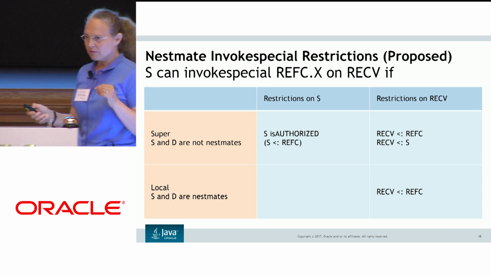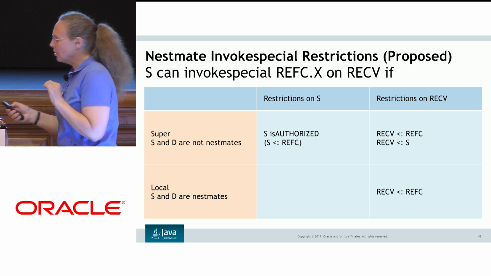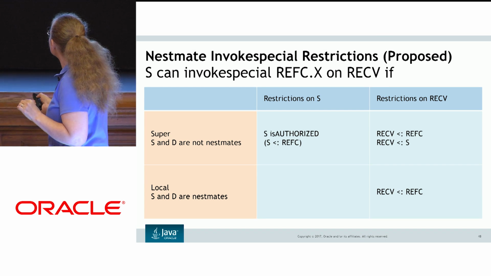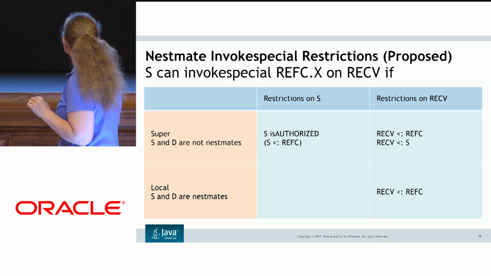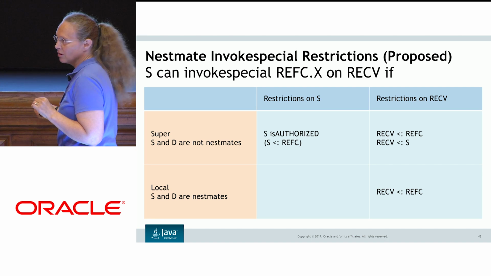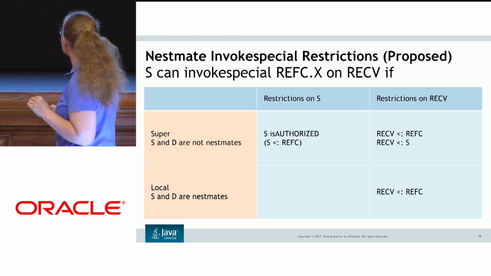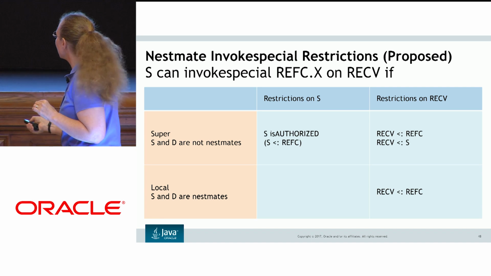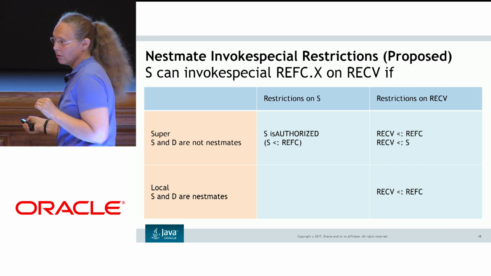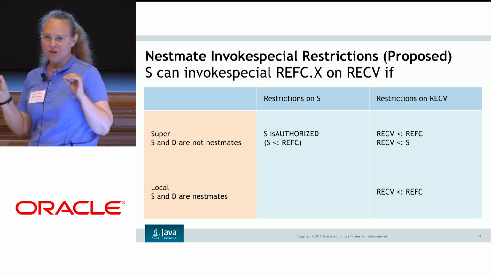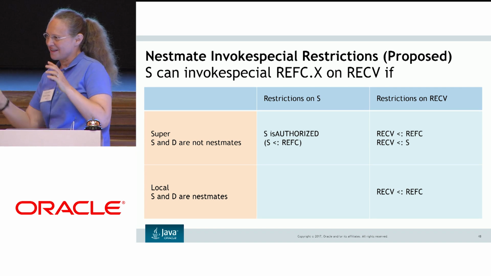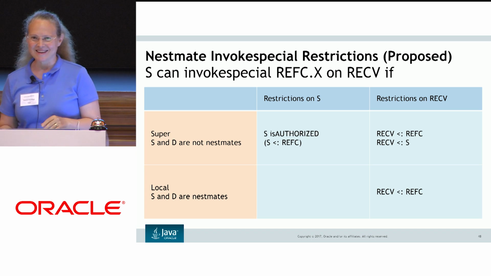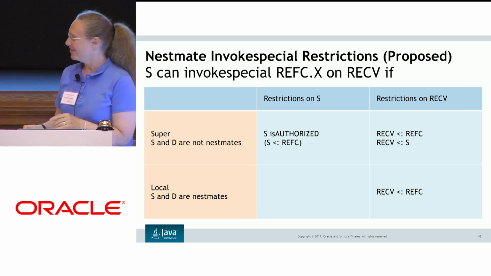Now, what did we change? We actually worked, this proposal is in progress. What we worked very hard to do is to make sure that in the super case, the rules did not change. In the local case, the rules did not change. We have expanded what we mean by local, okay? So that's very intentional. And thanks to Dan Smith for the concepts, because I get into the details and he up-levels it, and I'm really grateful.